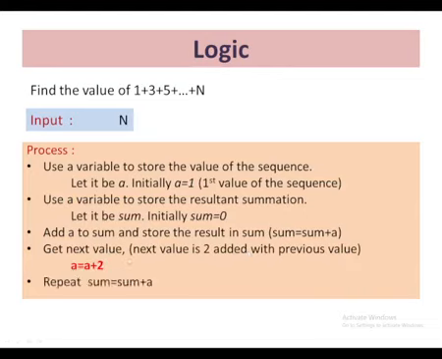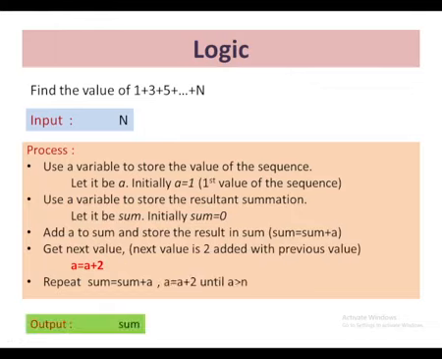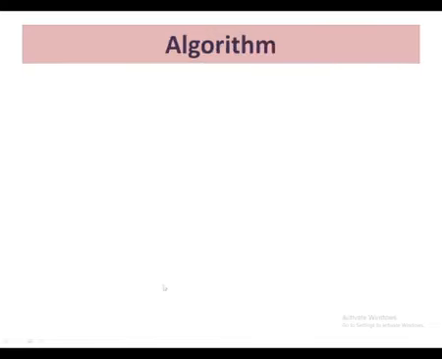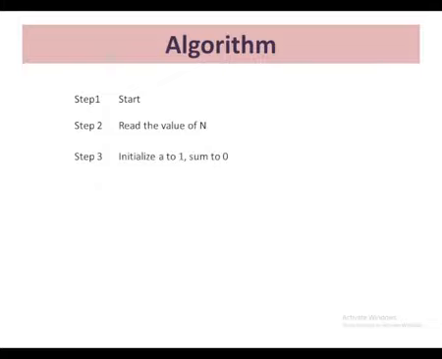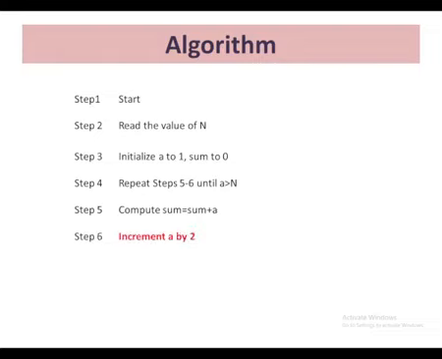The other process is the same, and when a exceeds n, you get the output stored in the sum. So in the algorithm, the change is that instead of incrementing a by 1, you increment a by 2. That's it.